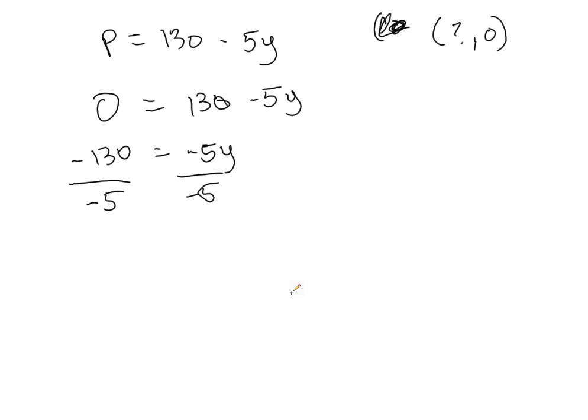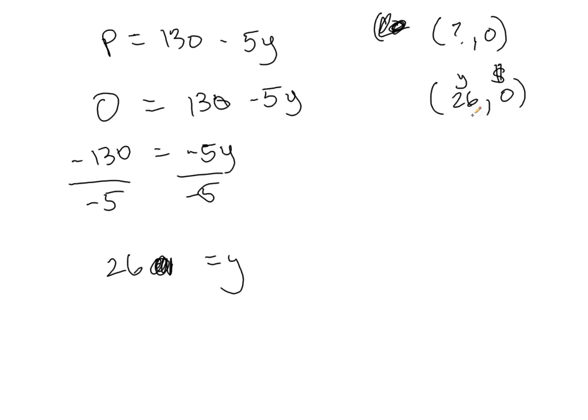So if I divide that by negative 5, I should get 26. And so that's going to equal my y value. So my years in this case is 26, and my premium is 0.